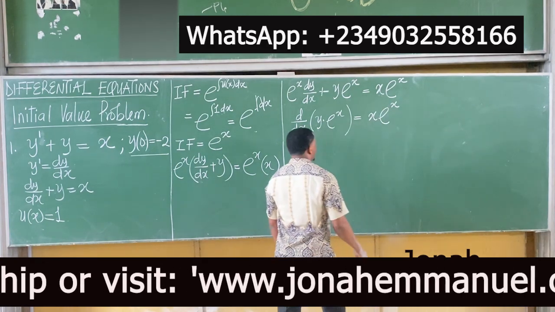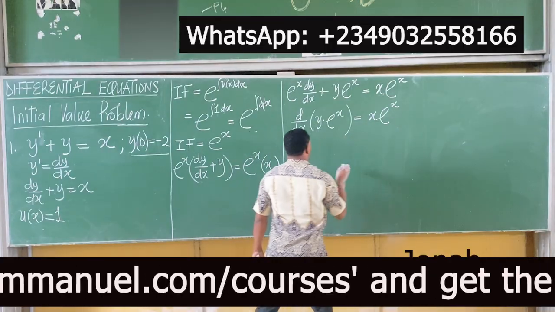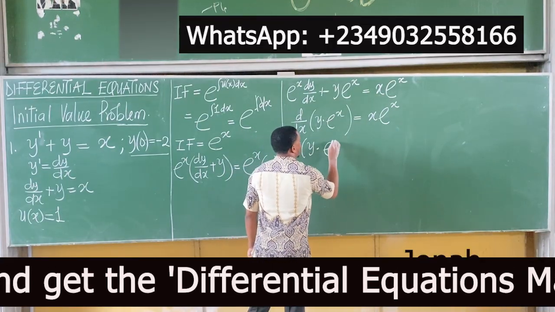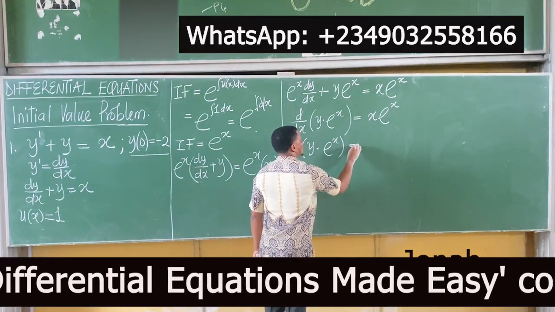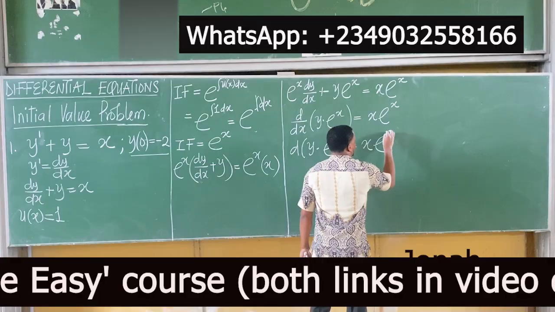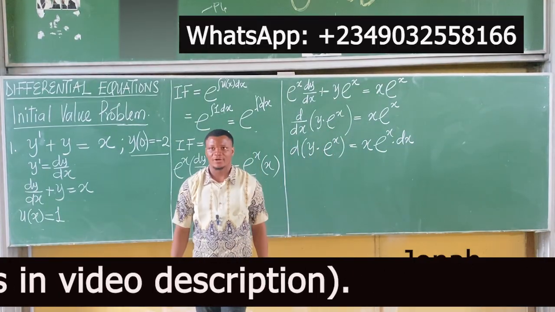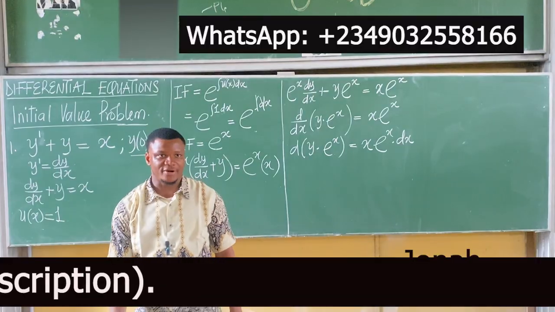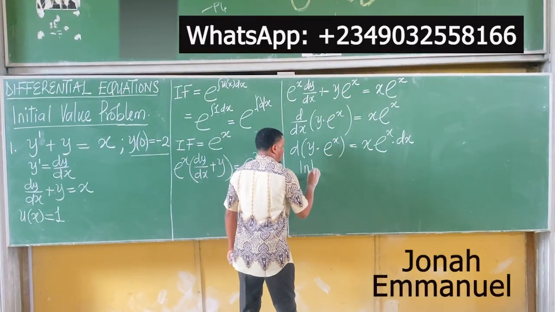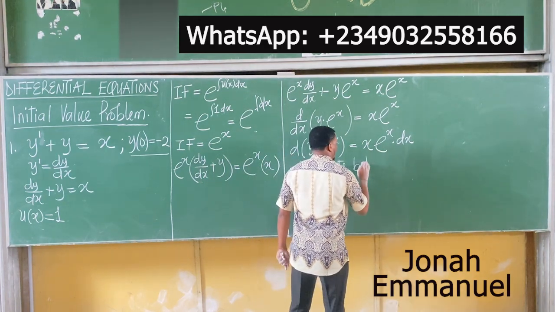Solving through, my next task is to take the dx over here. So I have d of y exponential x is equal to x exponential x dx. Obviously, at this point, I'd want to integrate both sides.